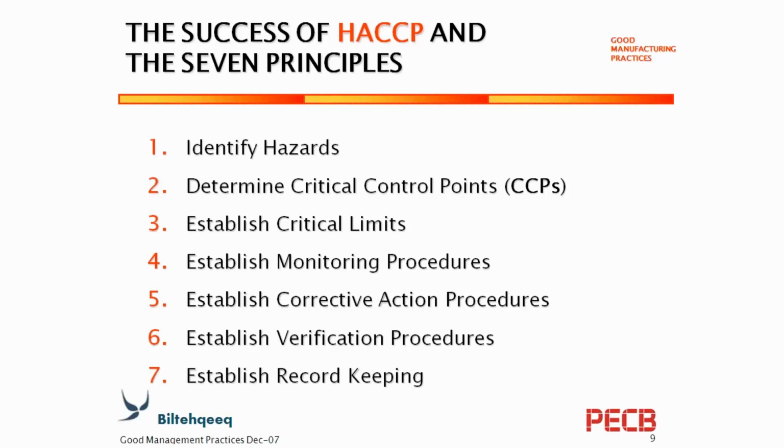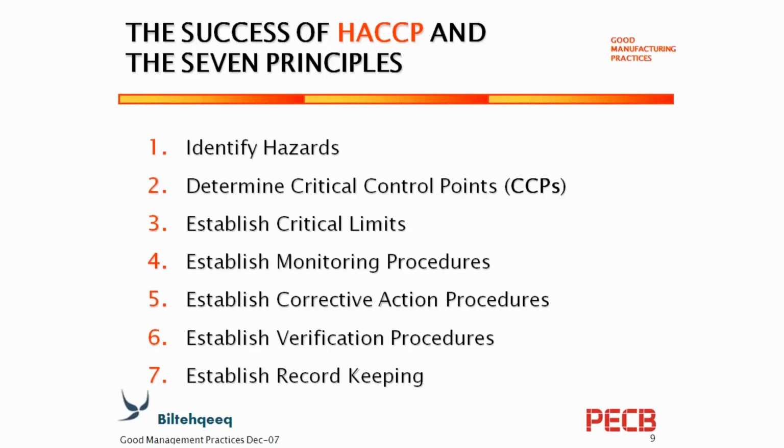You have to develop a monitoring procedure to monitor the limits of these hazards, whether they are going beyond the acceptable limit or are within the acceptable limits. And then you have to establish the corrective action procedure.